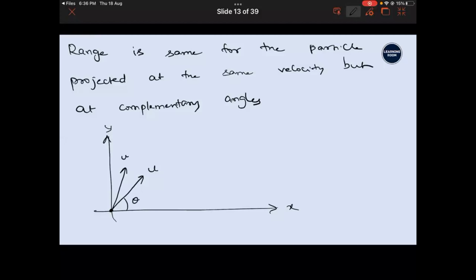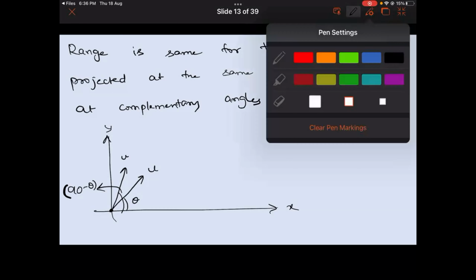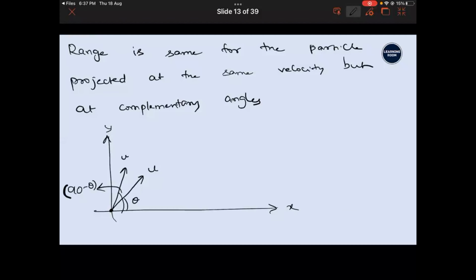If I say this angle is theta, and this angle is 90 minus theta, then both the angles are said to be complementary of each other. So, if that is the case, then whatever is the horizontal distance traveled by the particle in situation number 1 will be the same horizontal distance traveled by the particle in situation number 2 as well.